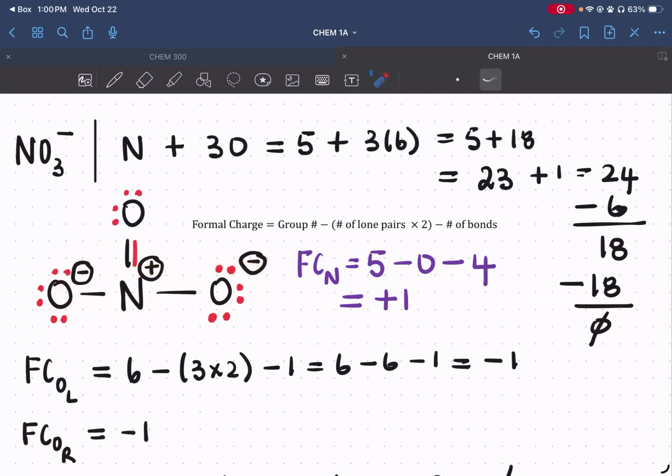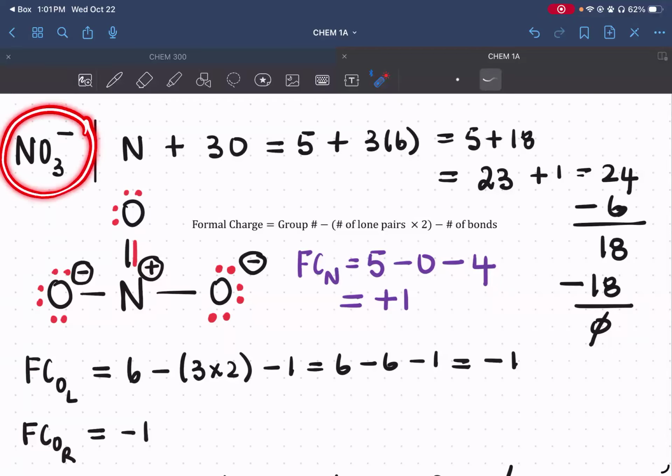Earlier, I had asked, take a guess where you think the negative is going to be. At the time, we guessed that it was going to be on the nitrogen. It was just a guess. We can clearly see now that was incorrect. And the only way we could have known that is by actually calculating formal charge. And herein lies the power of formal charge calculations.